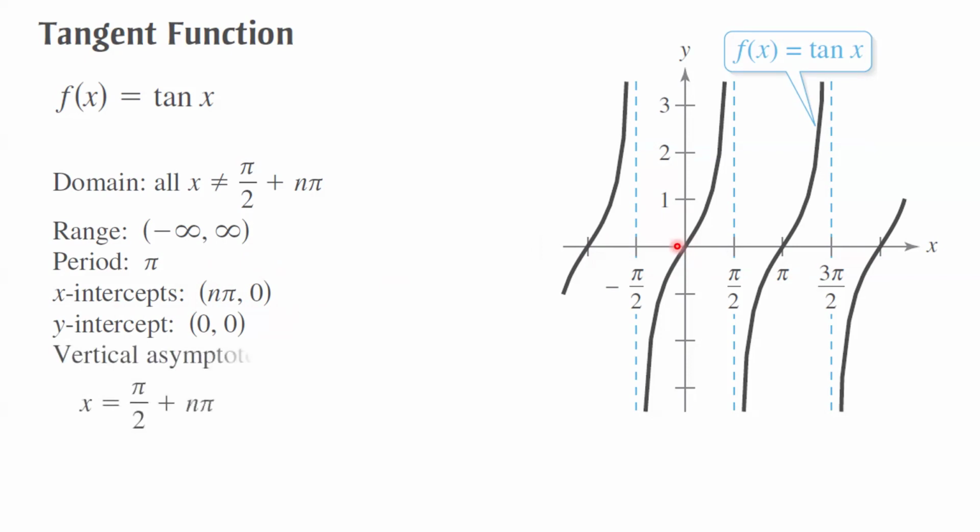The vertical asymptotes are these dashed lines that make the denominator equal to 0. So basically, whatever you excluded from the domain are your vertical asymptotes. x equals pi over 2 plus n pi are all vertical asymptotes. It's an odd function, and it's symmetric with respect to the origin. Very well.